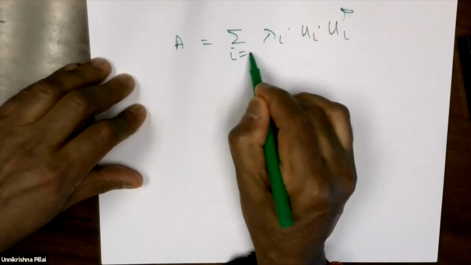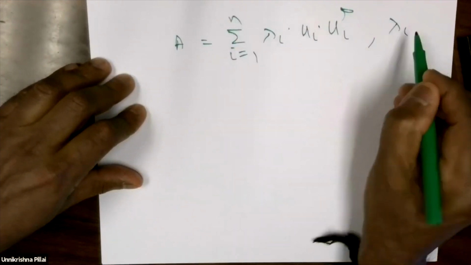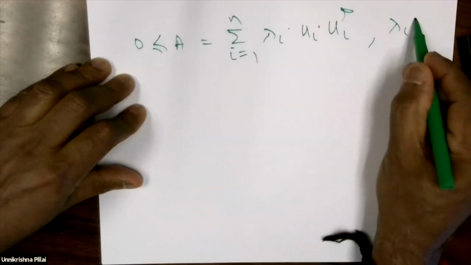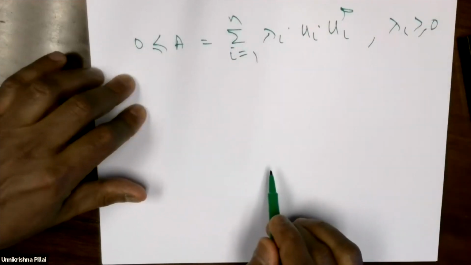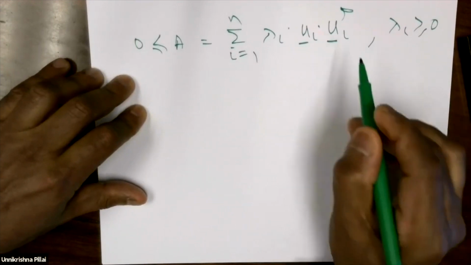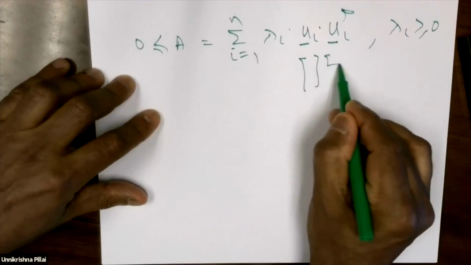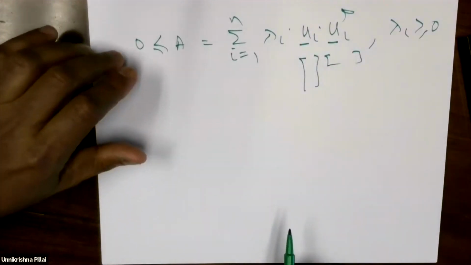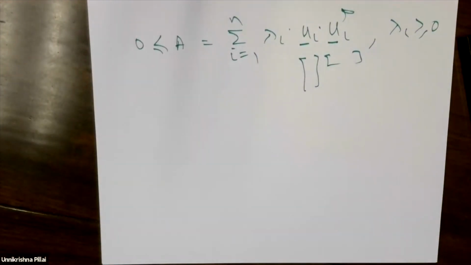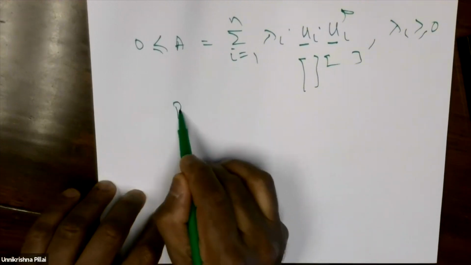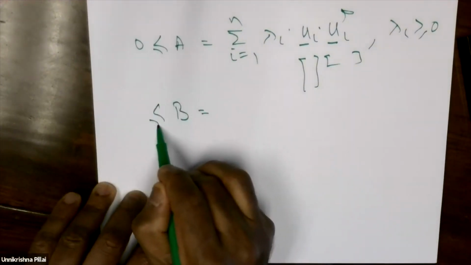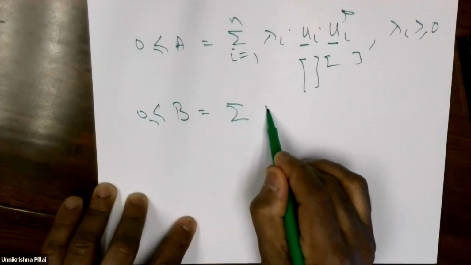This is the eigenvalue representation, where if A is non-negative definite, then all the eigenvalues are non-negative, and the u_i's are vectors. If you ask me why this is true, then you have to look into singular value decomposition, etc. In fact, the video I forwarded goes through all this. And if B is also non-negative definite, then B can also be written like this.